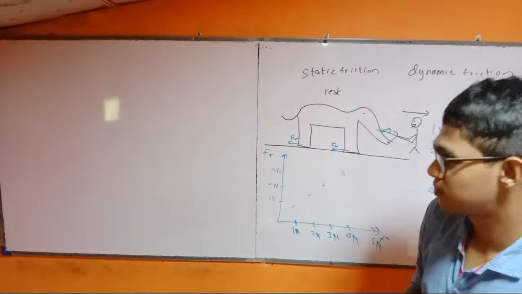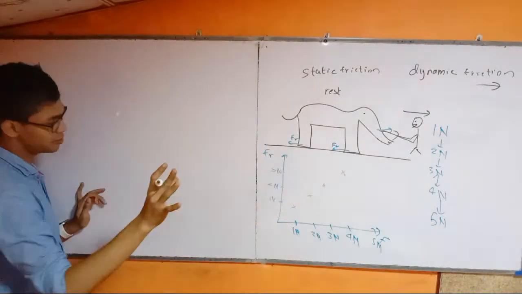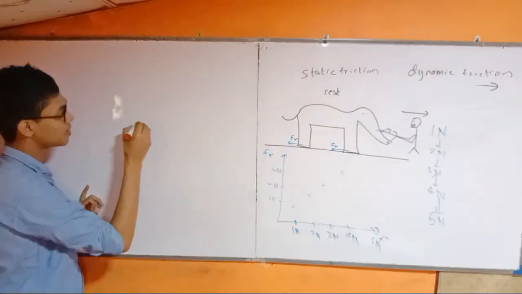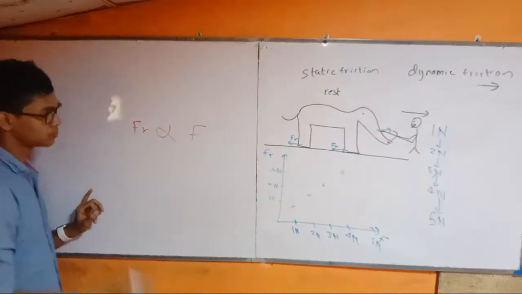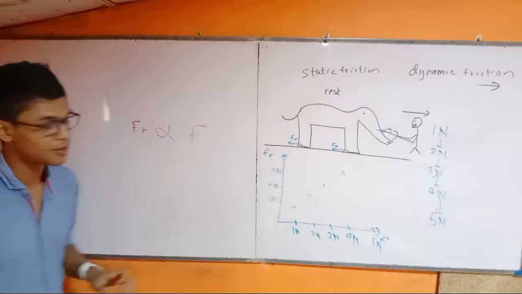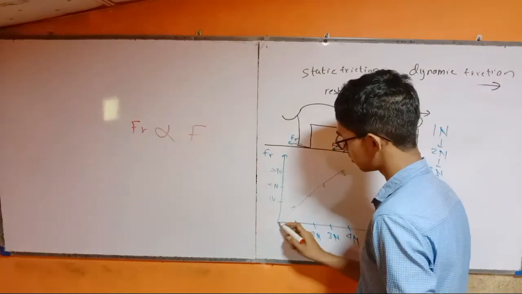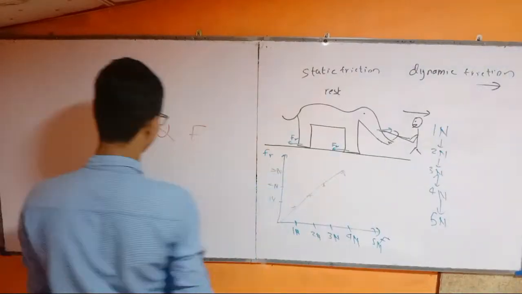Now I have to tell you a special thing. There is something called the coefficient of friction. Someone said friction is directly proportional to the force. What does that mean? When force increases, friction increases.